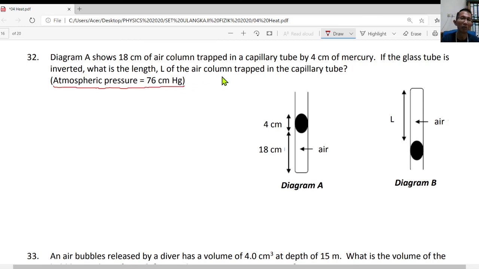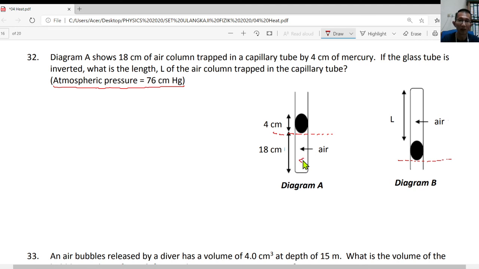76 centimeter mercury. All right, so I am to draw because I want to know the pressure of the air. So I will draw a line here, and then I will draw a line here, down here. So what is the pressure here?